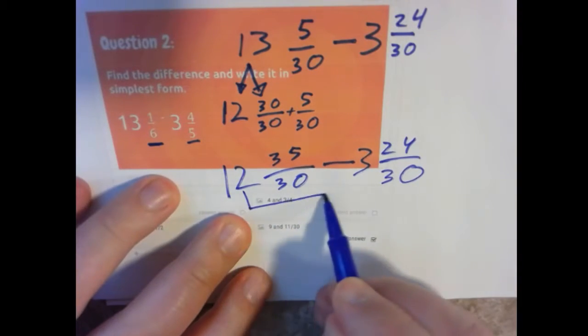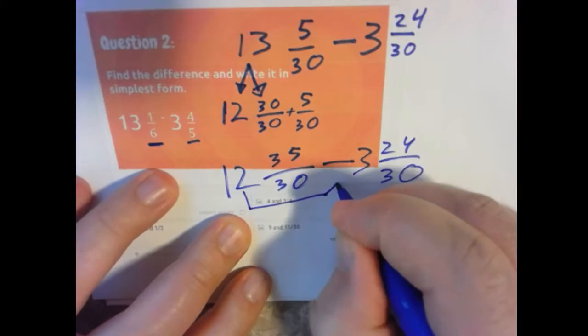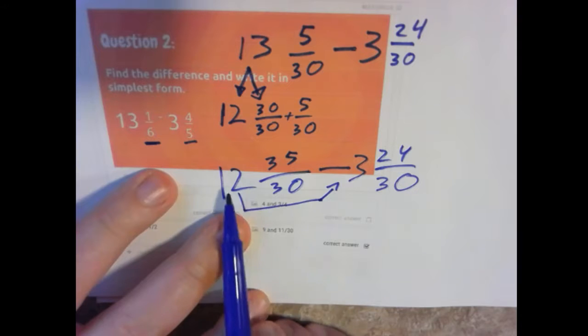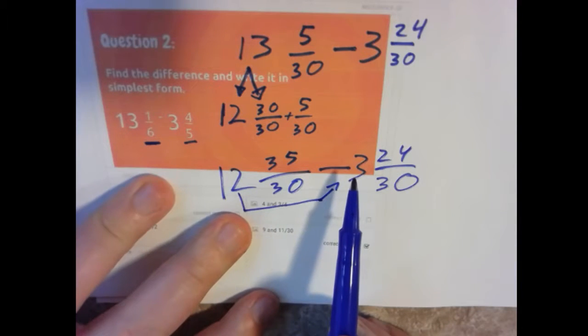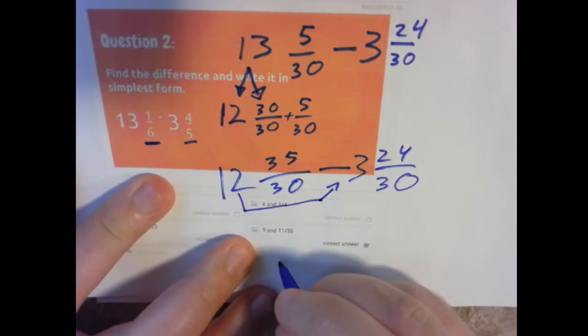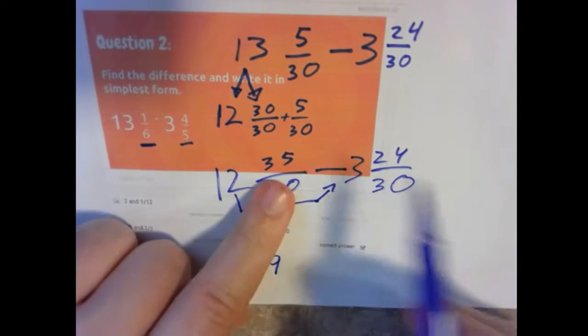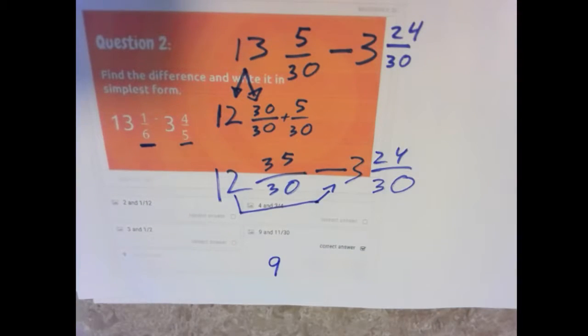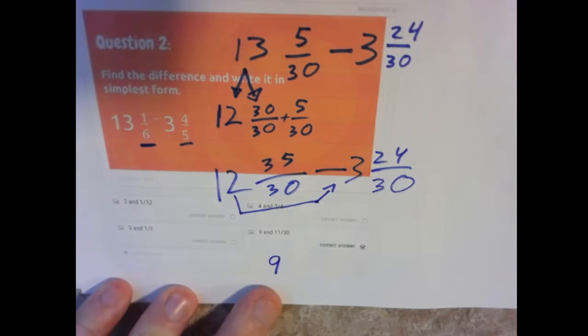So now, if you recall, what do we do? We go in order of subtracting the whole number, so 12 minus 3 would be 9. Now, what is 35 take away 24? That would be 11, right?